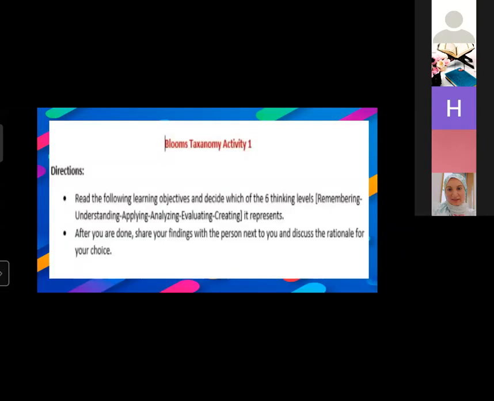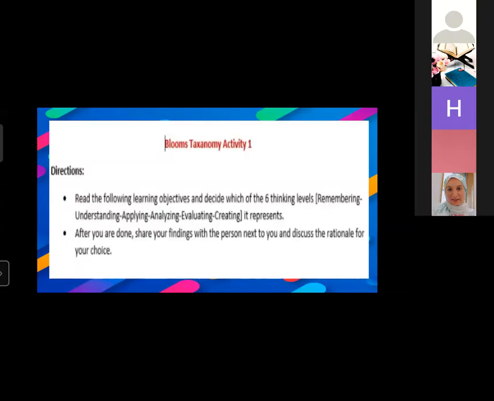Here is an activity based on Bloom's taxonomy. Directions: read the following learning objectives. So we're going to read some objectives and decide which of the thinking levels, remembering, understanding, applying, analyzing, evaluating, creating, it represents. So what will we do first?